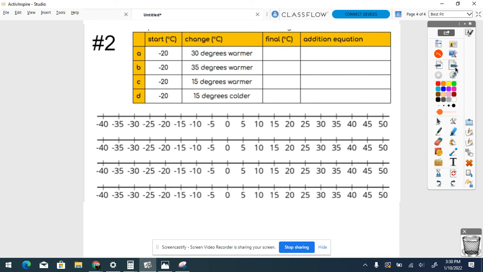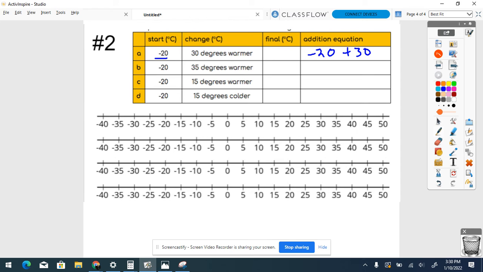So for this one, I'm starting with negative 20. And A says 30 degrees warmer. Well, if it gets warmer, I know I'm going to add to the temperature, because the warmer it is, the higher the temperature is. So if I'm getting 30 degrees warmer, I'm going to add 30.